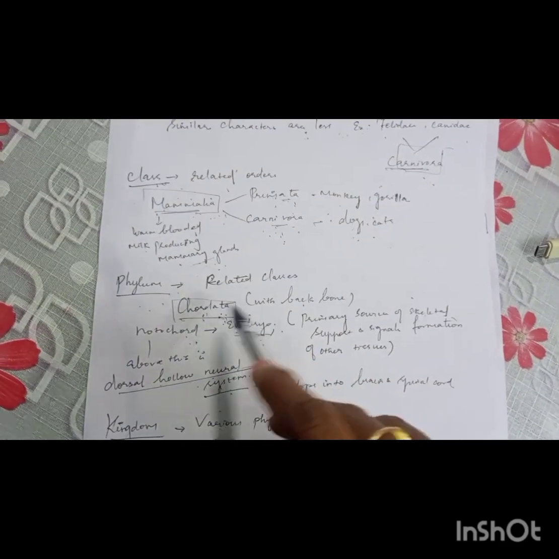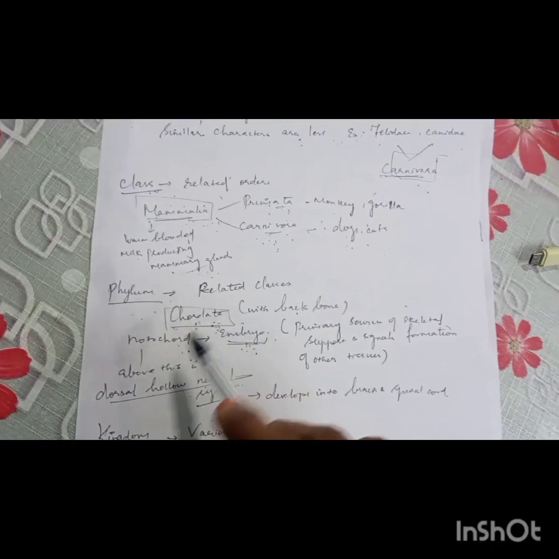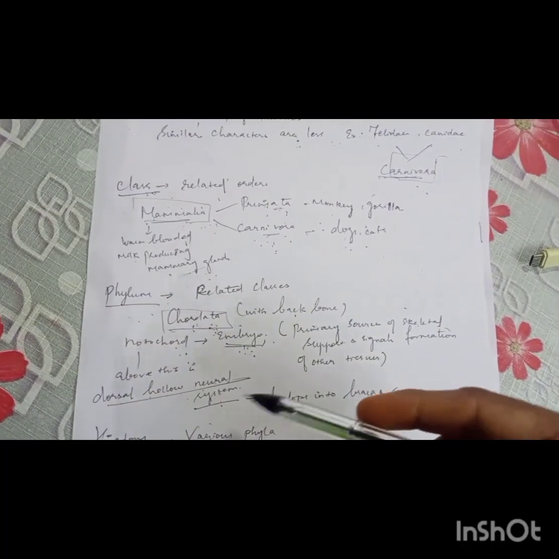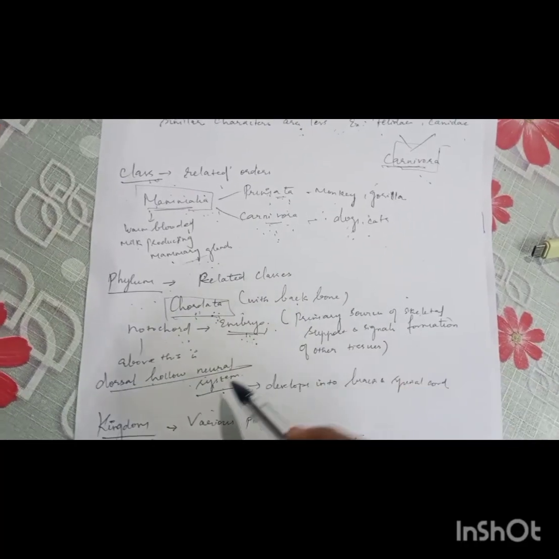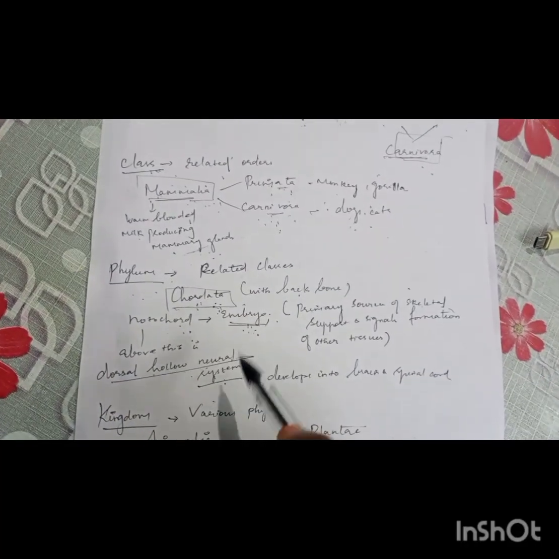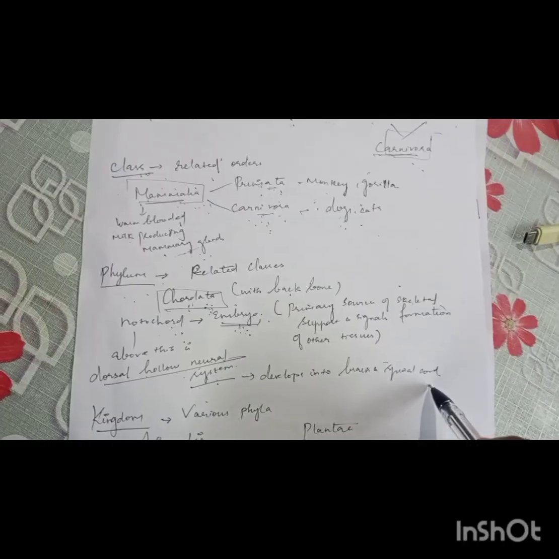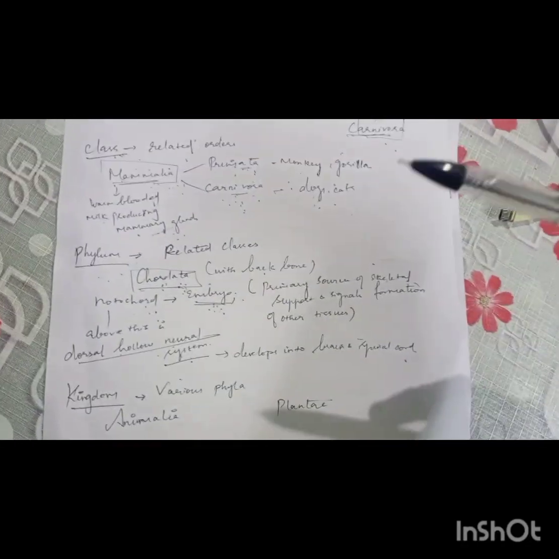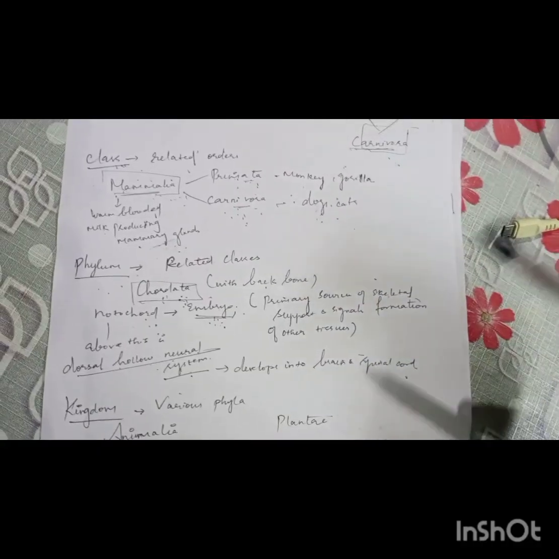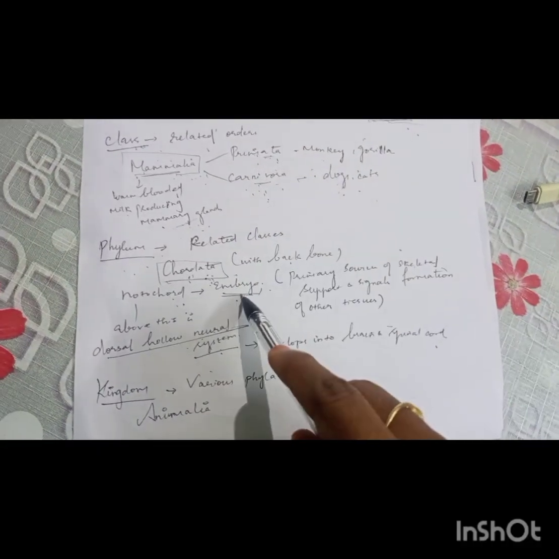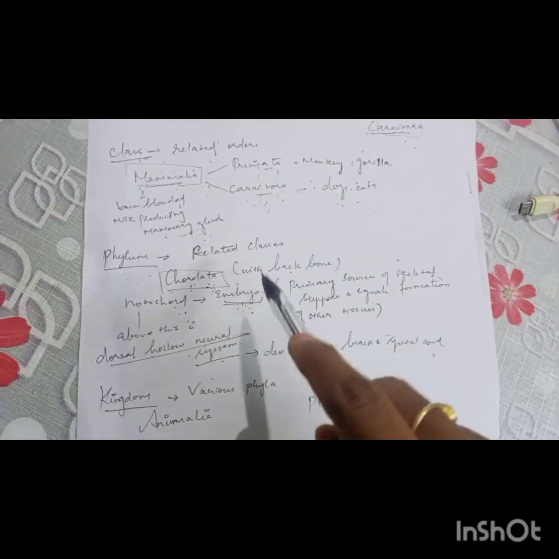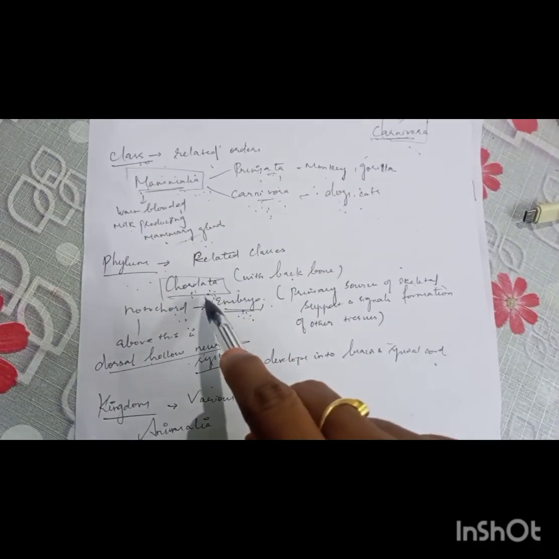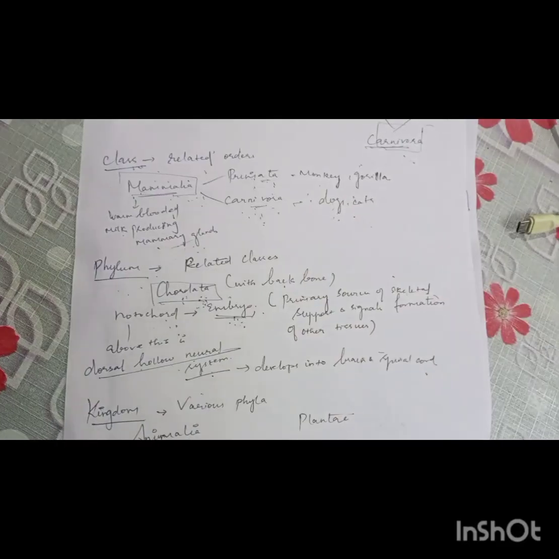It forms like a skeletal support. It gives support like a skeleton, as well as it signals the formation of other tissues. And this dorsal hollow neural system will later develop into the brain and spinal cord. After one particular stage, they will gain their characters, and it will grow into the respective species. But at one particular stage, all the embryos will look similar, hence they are under the same phylum Chordata.